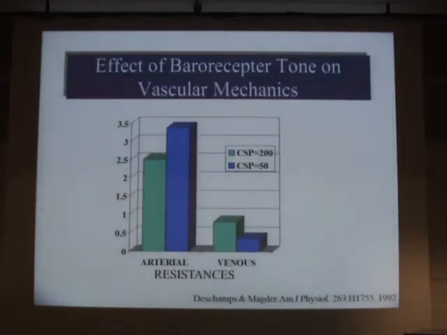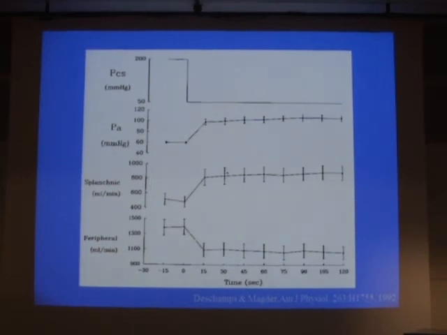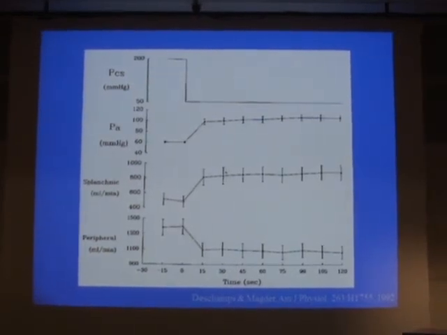So we were looking at this in an animal model, looking at the effects of baroreceptors on the regulation of the whole system. One of the things that becomes apparent, and others have reported this, is that when you drop the arterial pressure and you trigger the baroreceptors, there's a greater response in the muscle bed than in the splanchnic bed. Now what that will do is shift the flow to the splanchnic bed, and that's shown here.